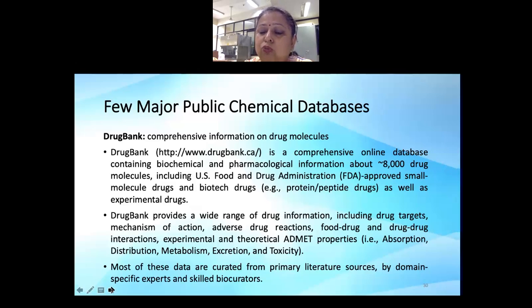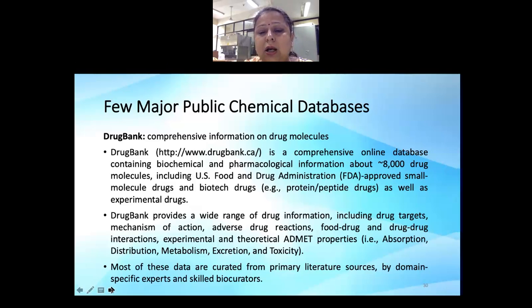We want to know which molecules have been enlisted as drugs, and for drug repurposing purposes you also need to download molecules and have knowledge about these, since we all know that they have undergone all the clinical trial procedures and they are safe molecules. So if you want to repurpose a drug by computer-aided drug design, this is the best database to be used.